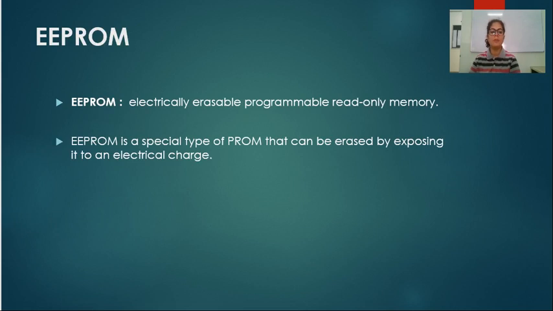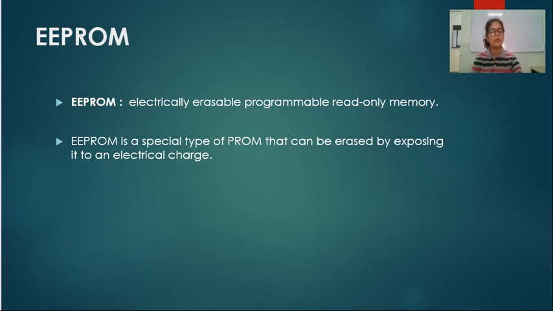Next category of ROM is EEPROM, Electrically Erasable Programmable Read-Only Memory. This is a special type of PROM that can be erased by exposing it to an electrical charge. So in this we make use of an electrical charge to erase the contents.